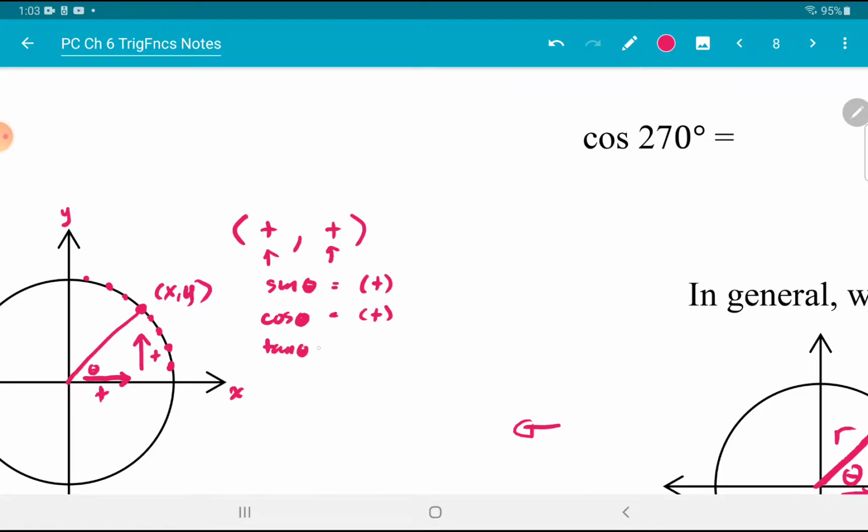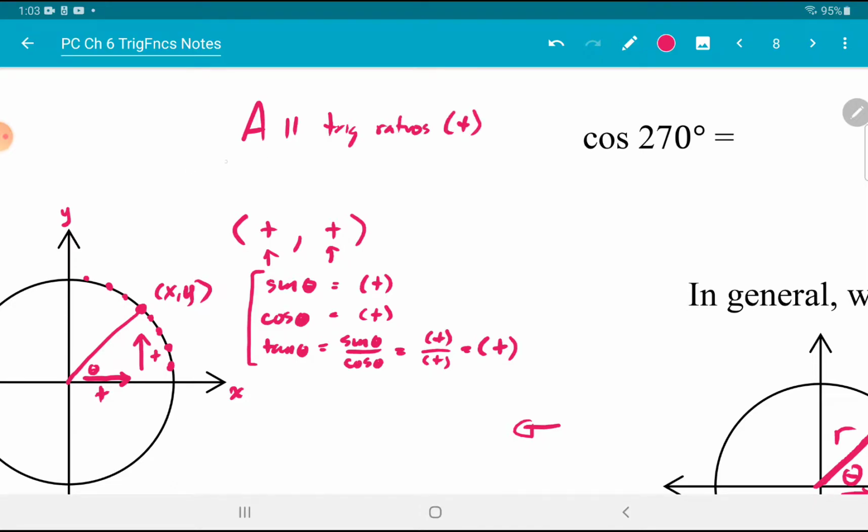And if tangent of theta is the same thing as sine theta over cosine theta, which we have just established is a positive value over a positive value, that means that tangent of theta is also a positive value. So what we see here is that all trig ratios are positive in quadrant 1. In quadrant 1, all trig ratios are positive.